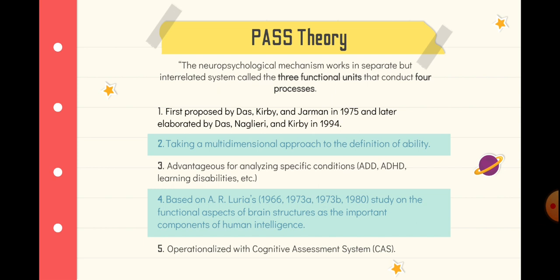So, for example, with the case of ADHD, which is attention deficit hyperactivity disorder, it is proposed that there is a planning deficit. Planning is one of the processes in this theory. If you remember, there are four processes in the name of the theory, which are planning, attention, simultaneous, and successive.